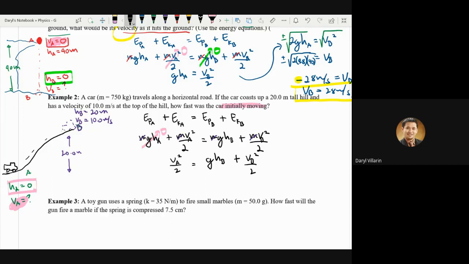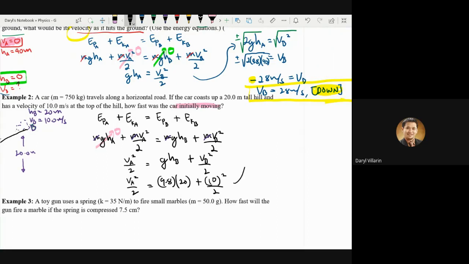So if I'm going to solve for that, well, this would be v sub A squared over 2, and then gH is 9.8 times the HB, which is 20, plus v sub B is 10. But remember that this is squared, so don't forget that. Usually that particular quantity is being forgotten.